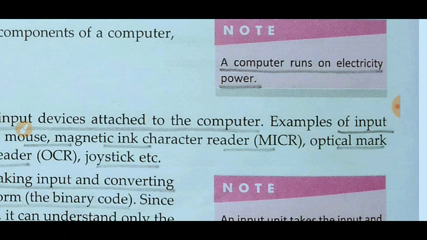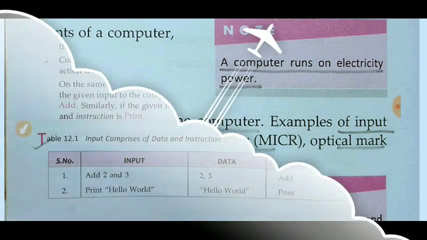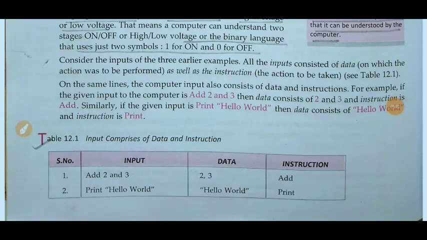So two things we have, number 1 or 0. 1 represents high voltage or on, and 0 represents off or low. In the previous class I explained this example, so I am skipping it. To understand this example, go to my previous video.